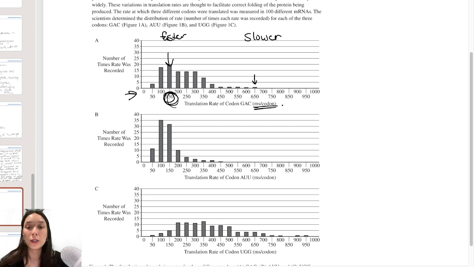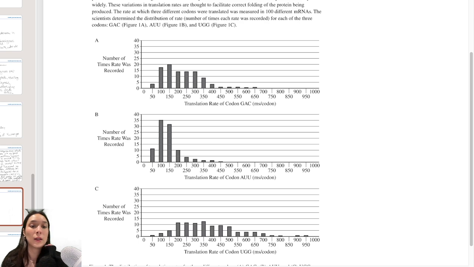If this was 650 codons per second, then it would be opposite, where the opposite side is considered faster. But since it's milliseconds per codon, everything closer to the left end of the graph is going to be faster, and everything to the right end is going to be slower. So if you were confused by this one, just keep in mind what the units actually are and what the bottom x-axis is indicating.